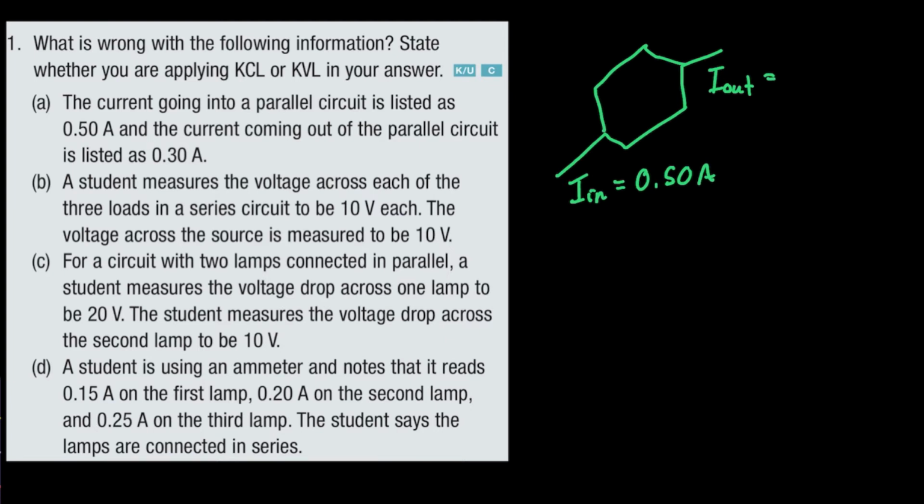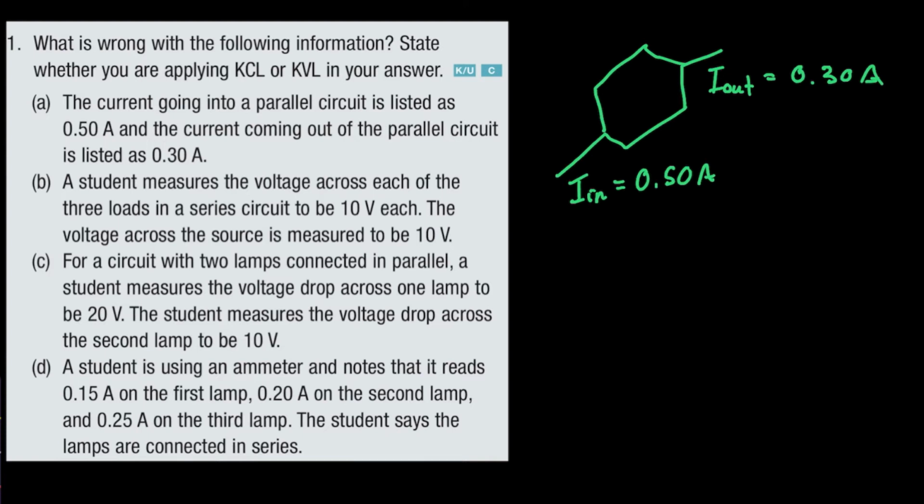But this student measures 0.3 amps. So this would be a violation of Kirchhoff's current law, because all the current going to a junction will be equal to all the current out of that junction. In other words, the current in should be equal to the current out.